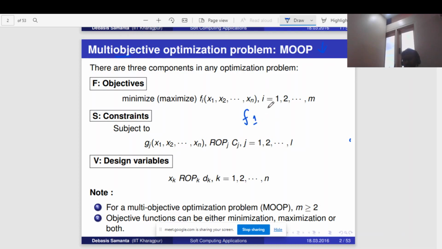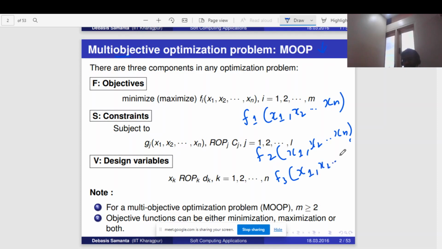There may be a function f1 working on the design parameters x1 up to xn. There may be another function f2 on x1, x2 up to xn, and another function f3, which is also working on these design values x1, x2 up to xn.